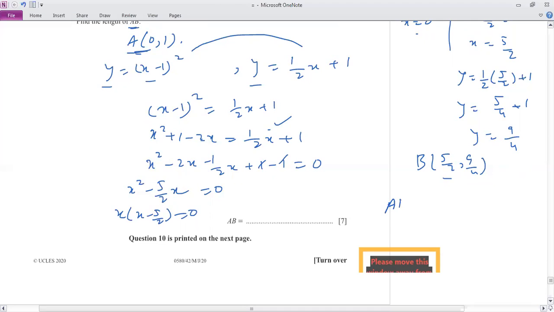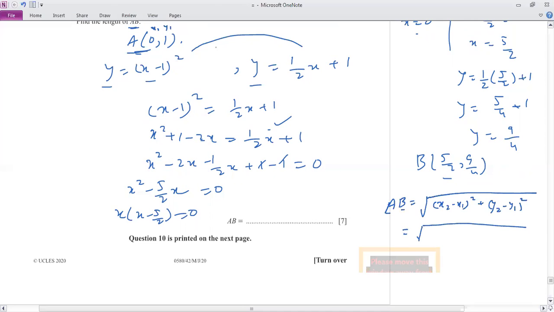Here I have AB equal to the square root of (x2 minus x1) squared plus (y2 minus y1) squared. So using this formula, calculate it. You can say the first point is always x1, y1, and the second point is x2, y2. So this is your x1, y1, this is x2, y2.